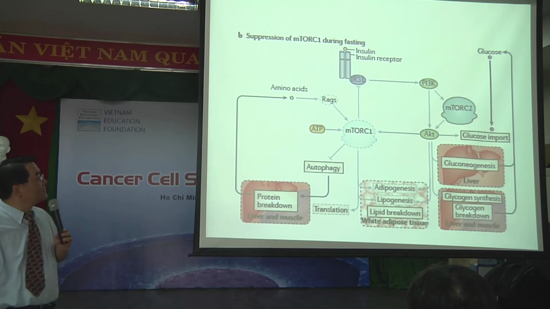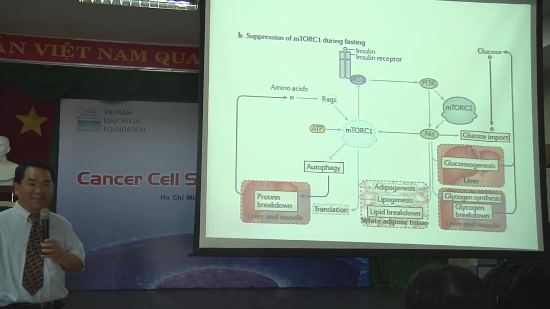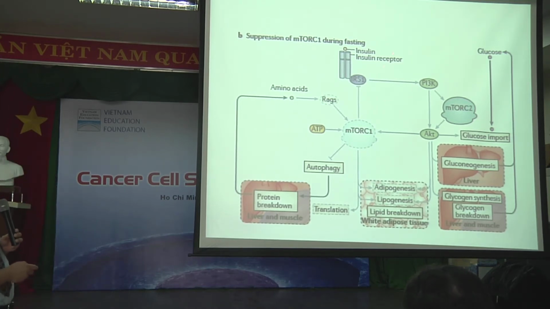If you don't eat, if you are fasting, okay, some imbalance is there. You don't have enough amino acid to tell mTOR to be activated, so these pathways will not. So you will not have enough lipid. You will not have the adipogenesis. You do not have the lipogenesis.